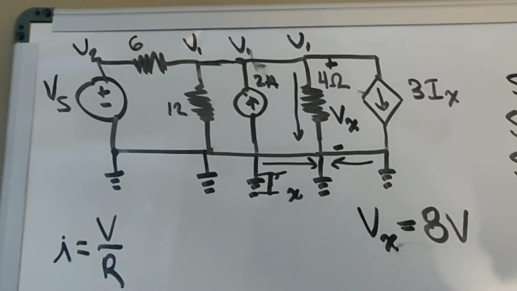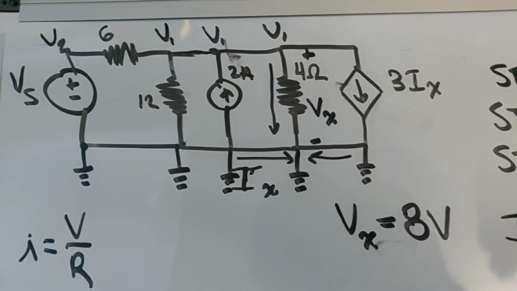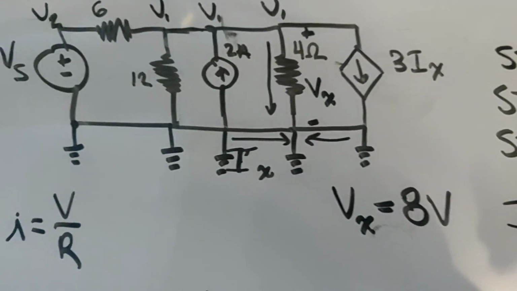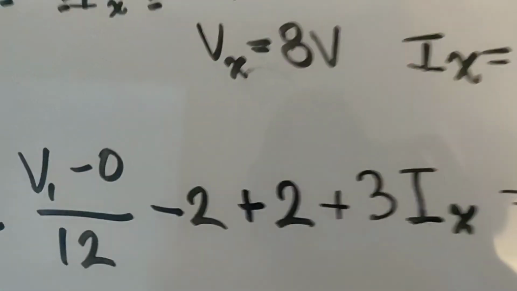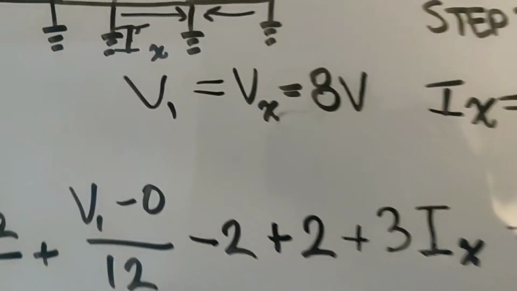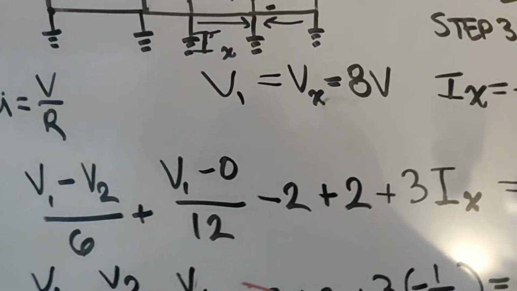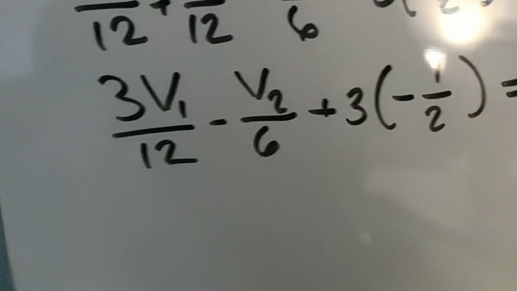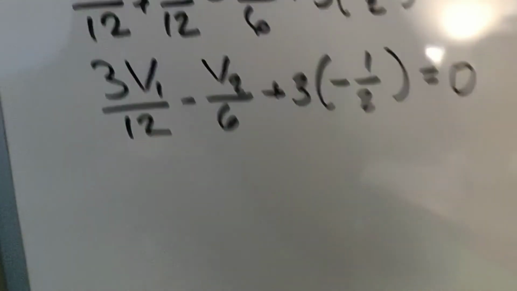So V1 should be equal to 8 volts as well. I'll go ahead and illustrate that right here. So V1 should also be equal to 8 volts. And that's good. Now we only have one unknown in our equation, so we can go ahead and plug that in.